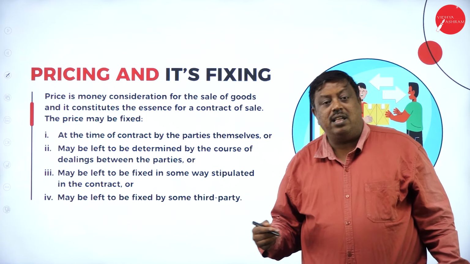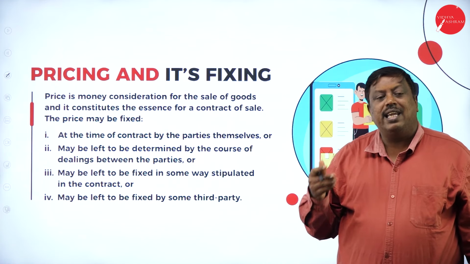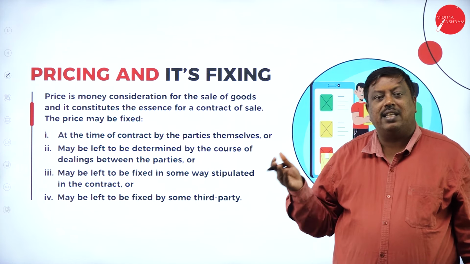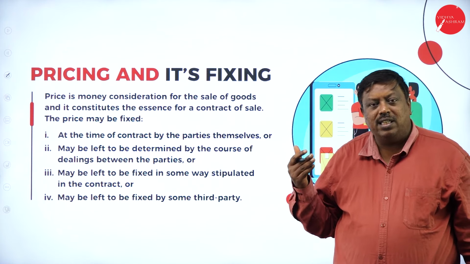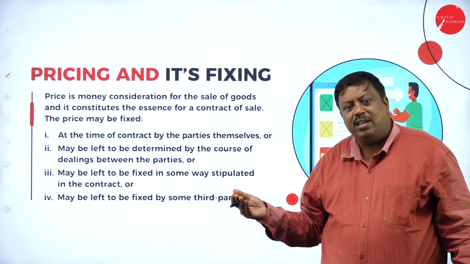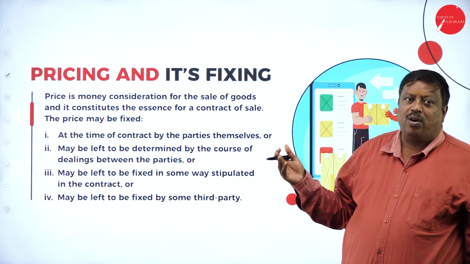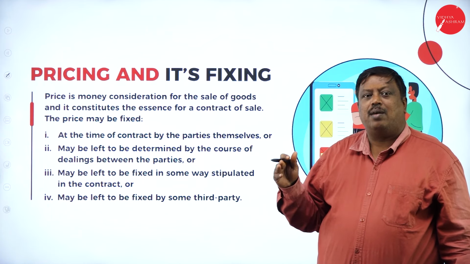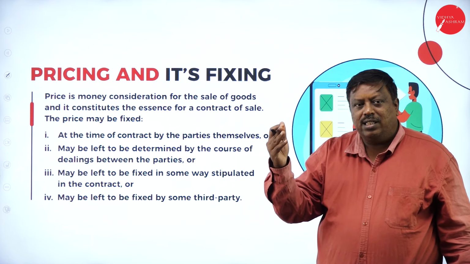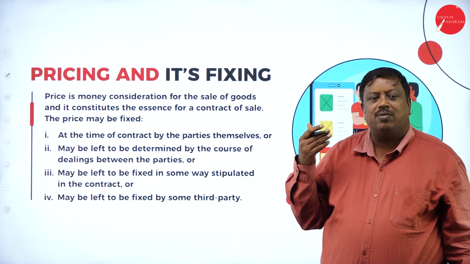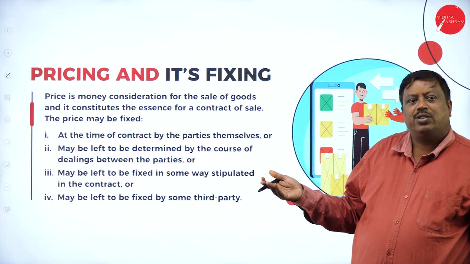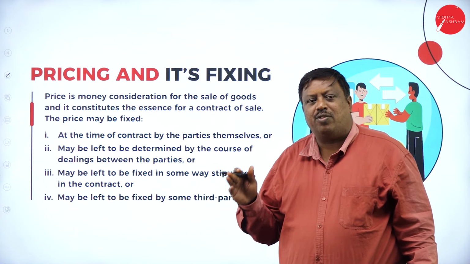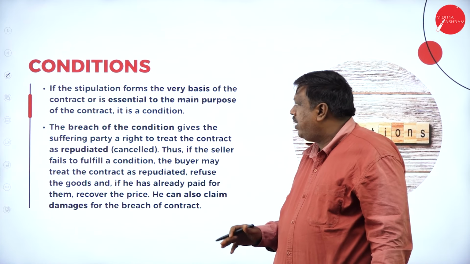Here, either the buyer and the seller can decide immediately, or while making the agreement they can decide what amount of price is to be collected or paid. After discussion, or in some cases a third party enters and says you can buy the product at this price, and this is the actual price for this commodity or goods.